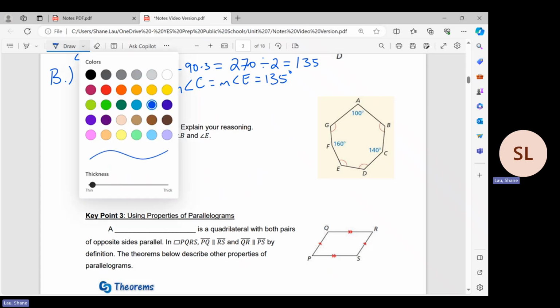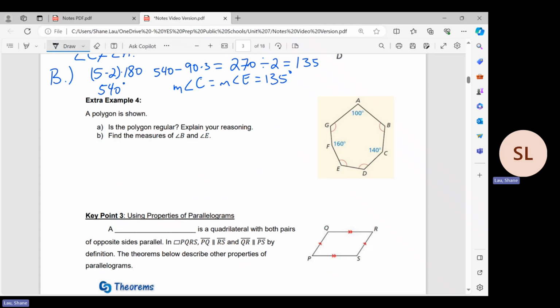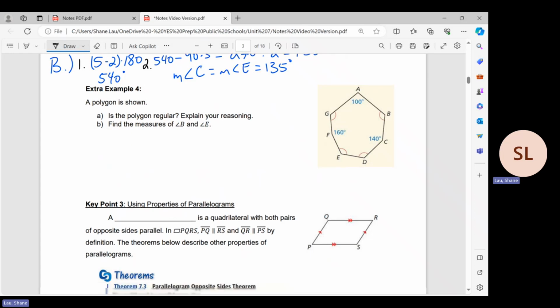Step 1, figure out how many degrees are on the inside. Step 2, subtract your known angles. And step 3, figure out what the missing angle is. So if you wanted to put it in steps, you could do it like that. Highly recommend you do it on your own time, though.